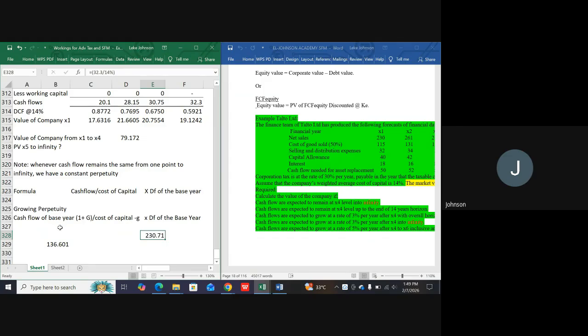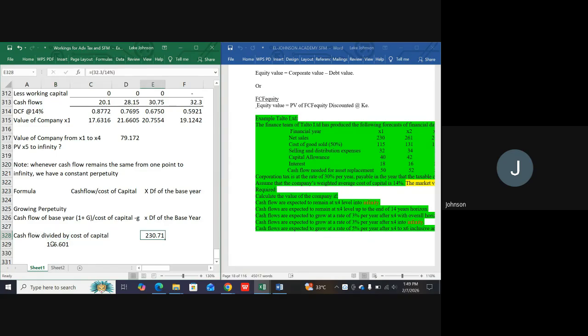So let me put it at the side: cash flow divided by cost of capital. So that's how we're able to get this value that is here.